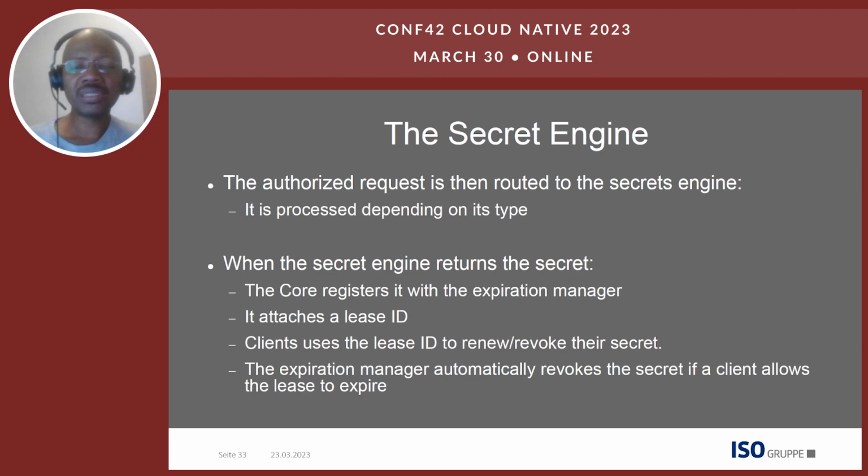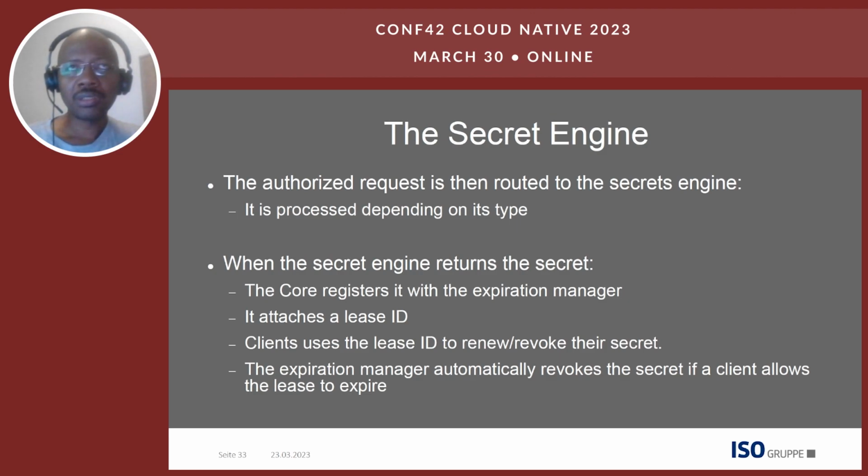Now let's talk about the secret engine. The secret engine is a very flexible component of HashiCorp Vault. It's used to store and to encrypt sensitive data. In terms of its function, it receives a set of data, it will process them, and it will return a certain result.